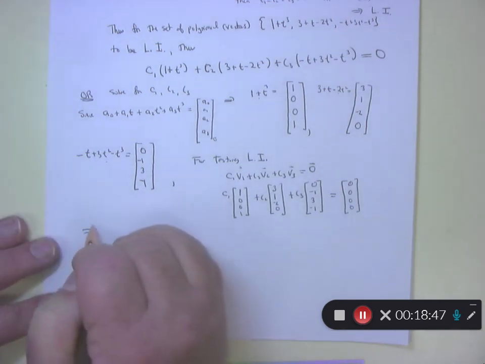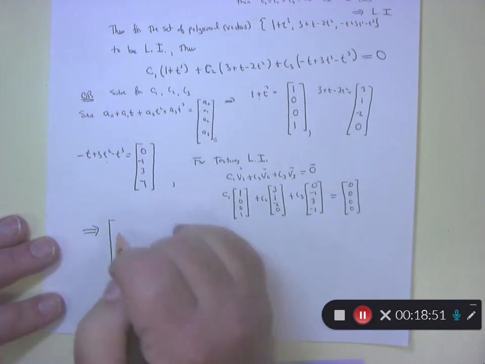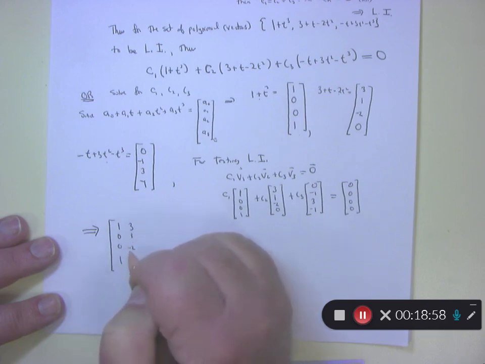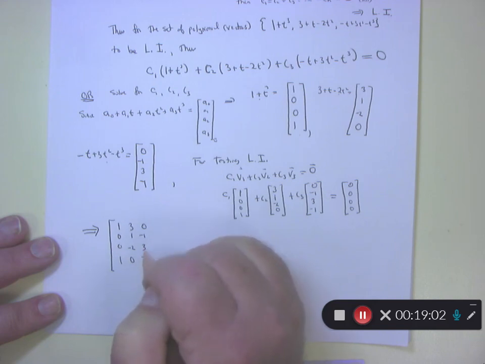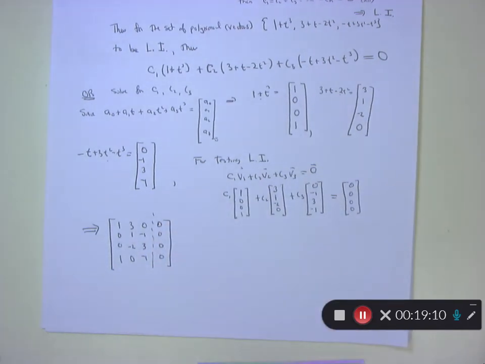And from there, you would go to your happy place of the matrix, which is 1, 0, 0, 1, and these are column vectors: 3, 1, negative 2, 0, and 0, negative 1, 3, negative 1. You would augment it, or to just get you used to your terminology here, to 0, right?